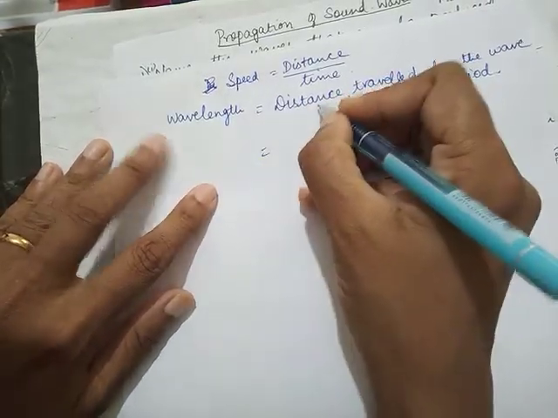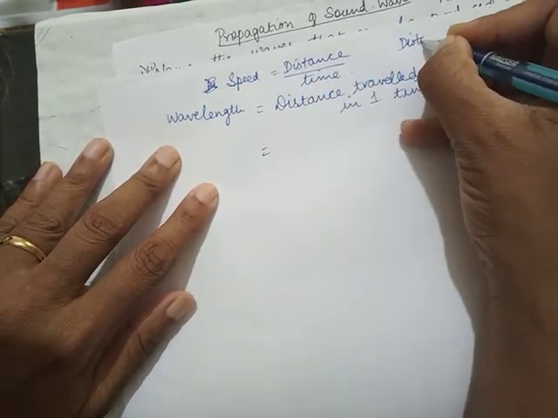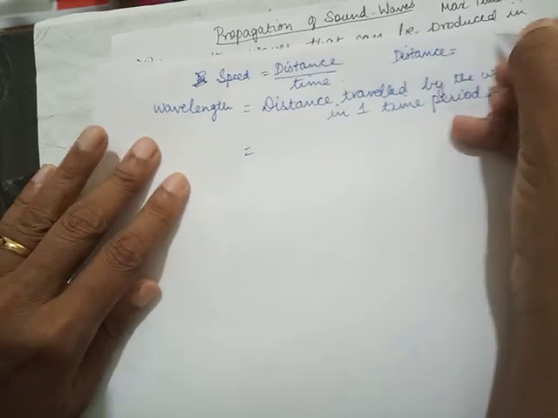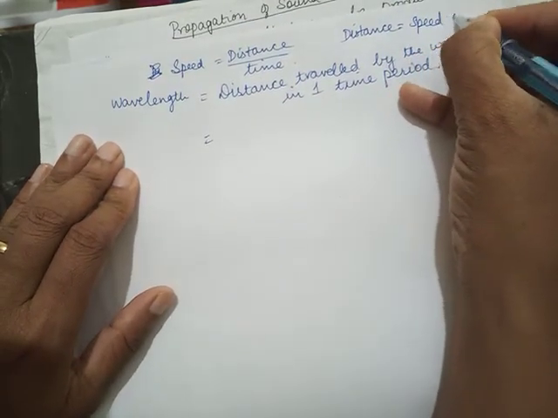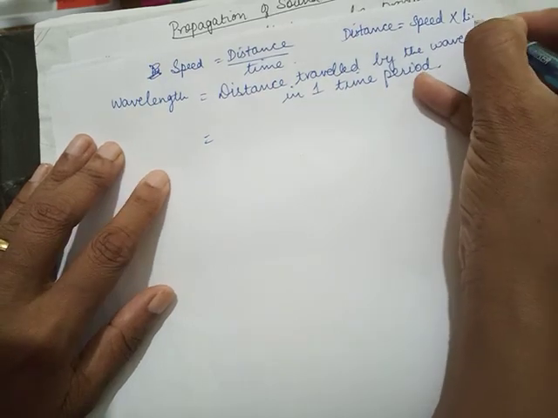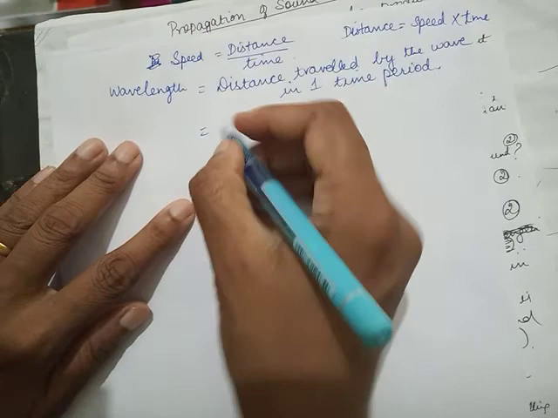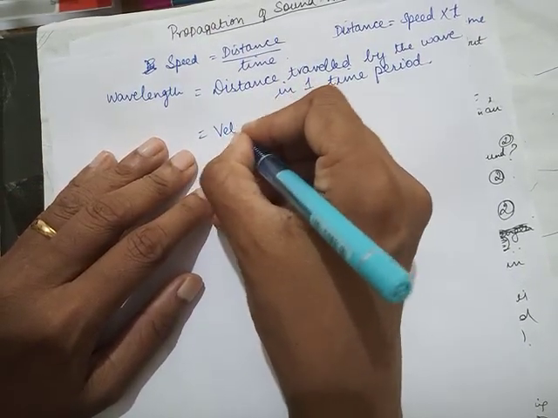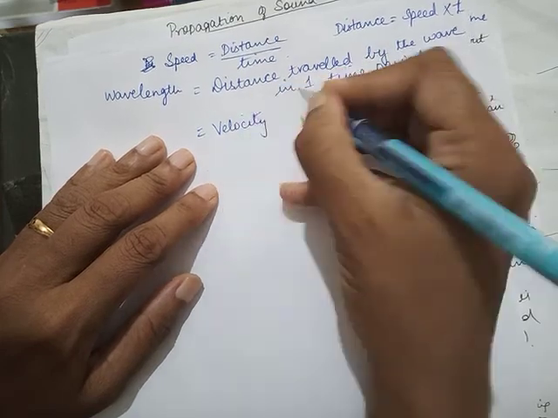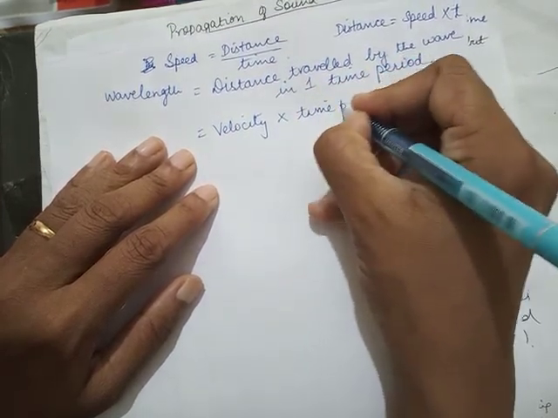Now, from the distance formula, you know distance is equal to speed into time. Distance is equal to speed into time. So we're going to use that formula here. Speed, or here we take velocity, into time period.